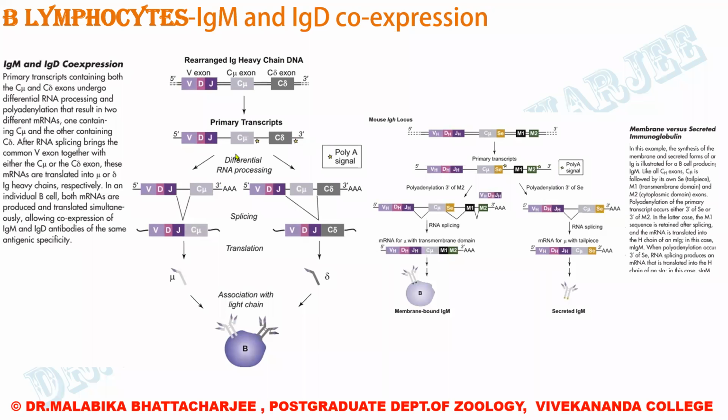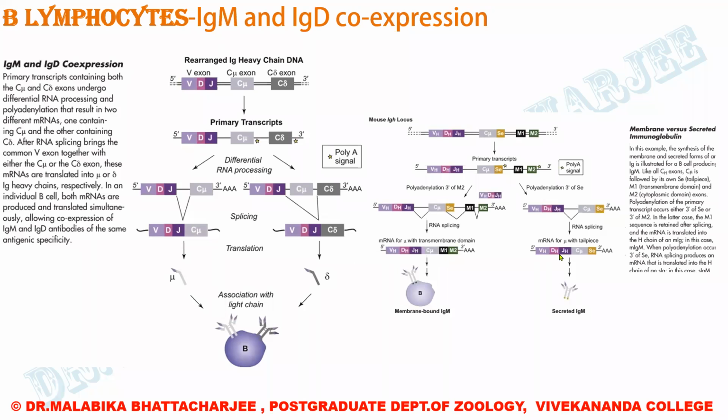There is differential processing, so after the differential processing we get two different RNA transcripts, which are further spliced to give a mu chain and a delta chain, which are subsequently co-expressed in a B lymphocyte.